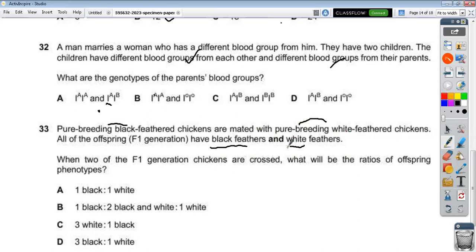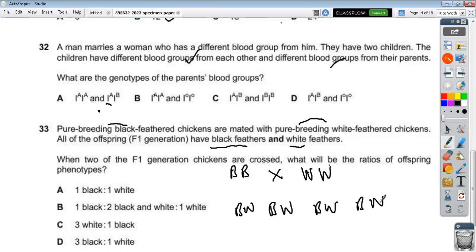Let's agree we call this BB for pure black, then white like this, before the F1 generation. So let's cross them. What do you produce here? We produce BW, BW. Can you see what I'm doing without the Punnett square? Then this BW. Are we agreeing?